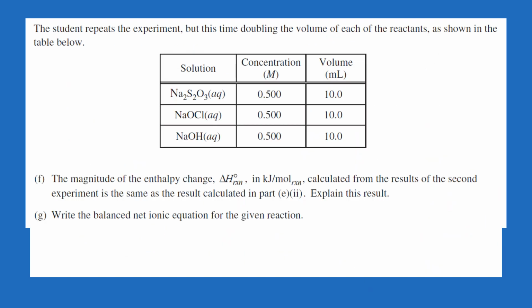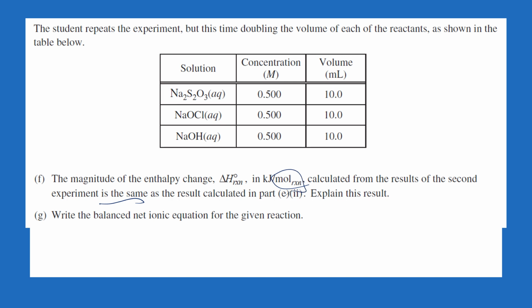Okay, the student repeats the experiment, this time doubling the volume of each of the reactants as shown in the table below. The magnitude of the enthalpy change calculated from the results of the second experiment is the same as the result calculated in part II, and explain this result. So it is the same. Well, that makes sense because you're dividing by the moles of reaction.